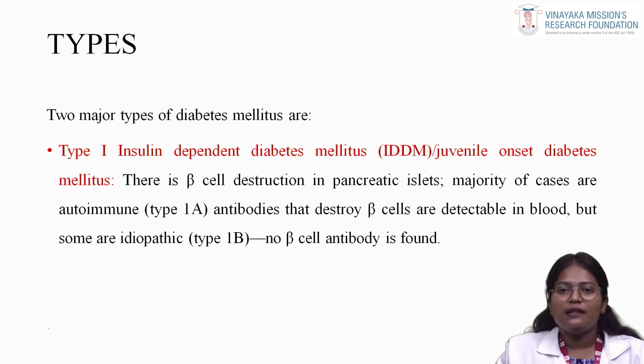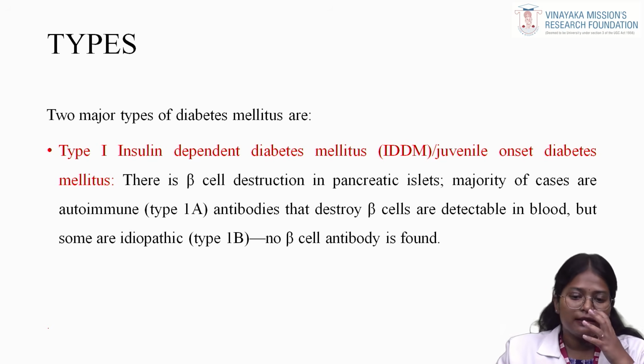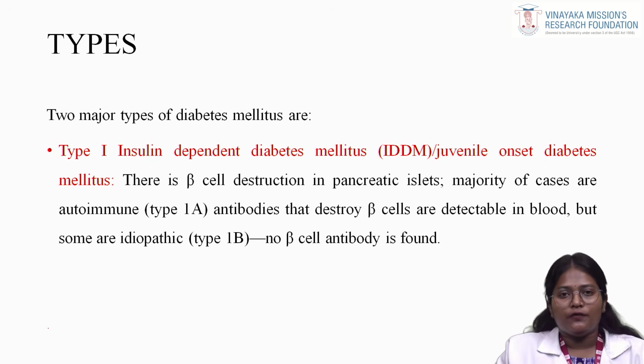Idiopathic means the cause is unknown, and that is type 1B. No beta cell antibody is found. In major cases of type 1 diabetes mellitus, our body produces antibodies against the beta cells of the pancreas.